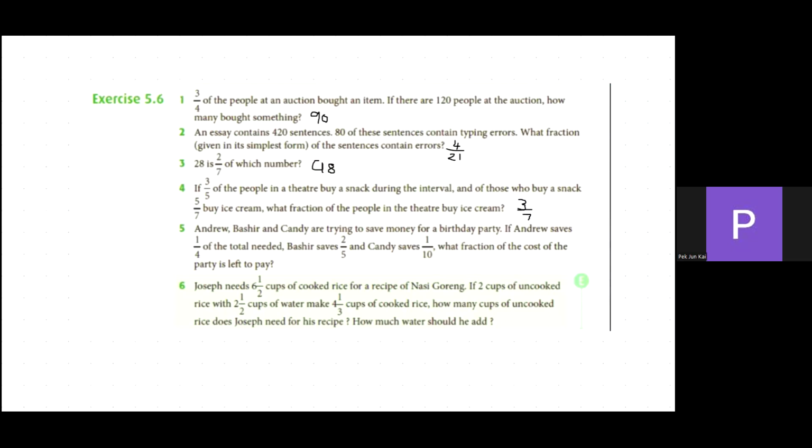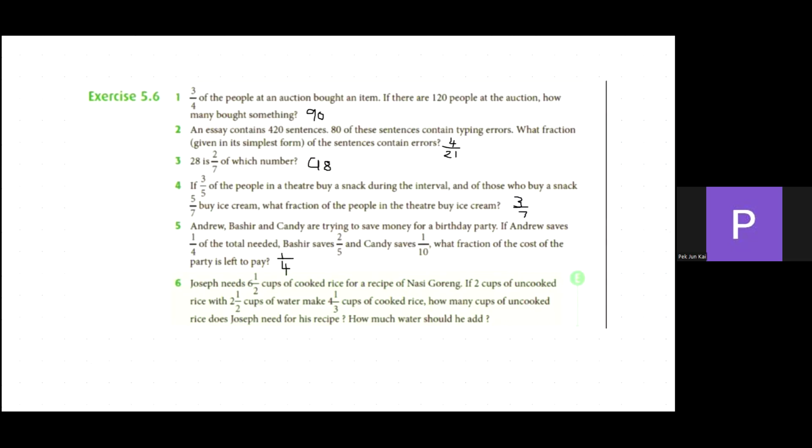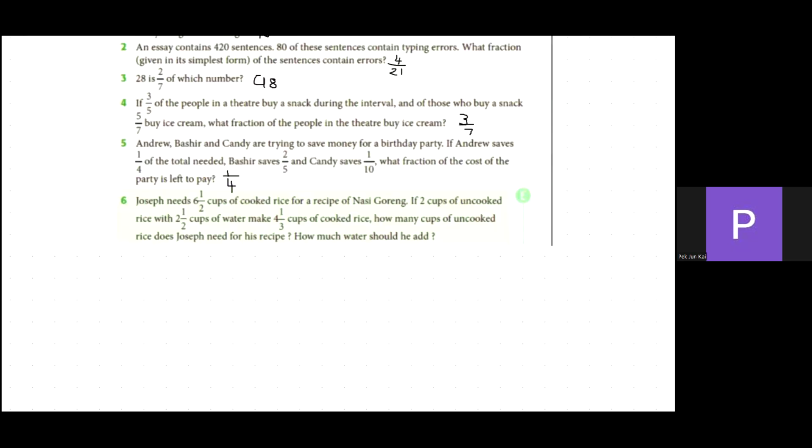Question number 5, 1/4. And question number 6, 3 cups of uncooked rice. And 3 and 3/4 cups of water.